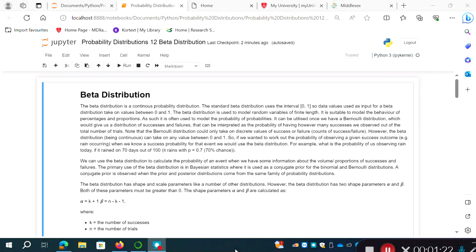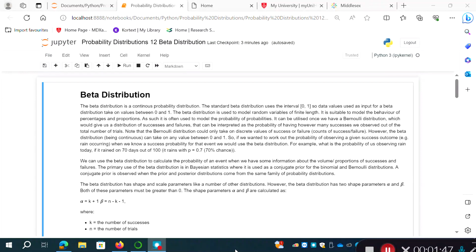Recall that the Bernoulli distribution can only take on discrete values of success or failure, so counts of success compared to the number of failures out of a total number of trials, for example. However, the beta distribution, being continuous, can take on any value between 0 and 1.